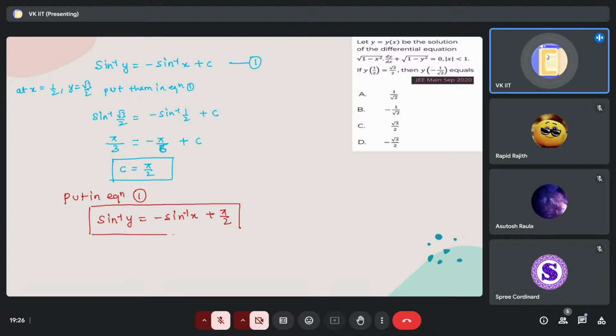They said you have to find the y value at x is equal to minus 1 by root 2. So we will put that in equation 2. We will get sine inverse of y is equal to minus sine inverse of minus 1 by root 2 plus pi by 2. Sine inverse of negative x can be taken as minus of sine inverse of x. And when this negative sign comes outside, it will become positive.